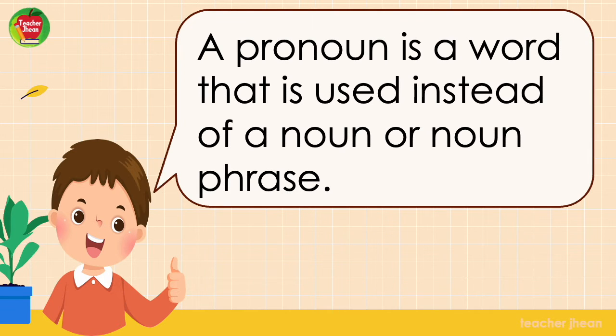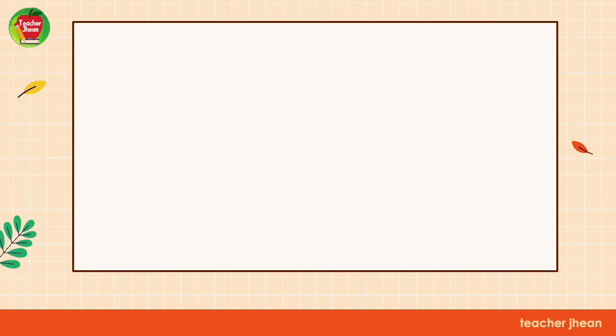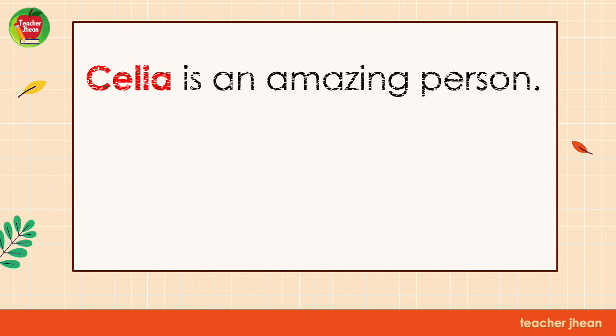According to Merriam-Webster, a pronoun is a word that is used instead of a noun or a noun phrase. Pronouns refer to either a noun that has already been mentioned or to a noun that does not need to be named specifically. In what part of the sentence can you find the word Celia? Celia is an amazing person.